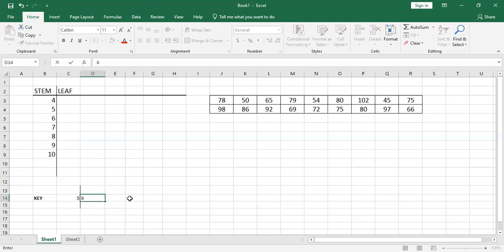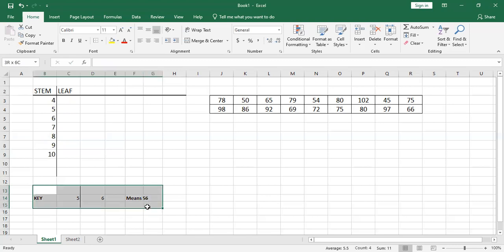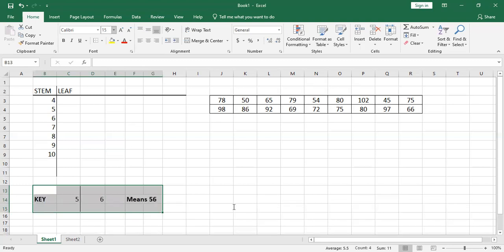This simply means 56. So this is our key. It is important to indicate the key to the examiner so that the examiner knows what you imply. However, the examiner is already ahead of us. They already know these things. So either way, you can indicate it or you can leave it like that.